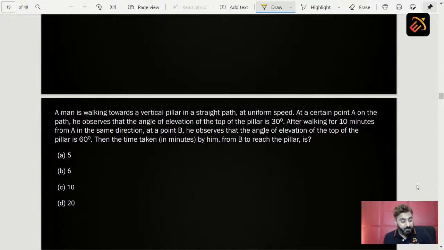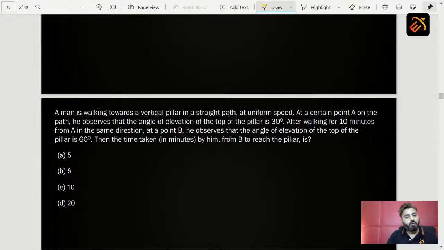After walking for 10 minutes from point A in the same direction, at a point B, he observes that the angle of elevation of the top of the pillar is 60 degrees. Then the time taken by him from B to the pillar is how much? Our options are option A 5, option B 6, option C 10, and option D 20.